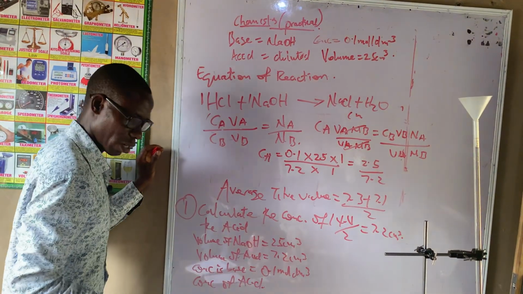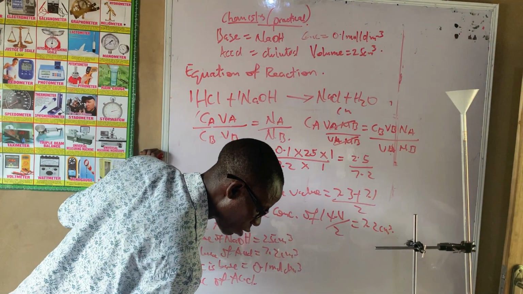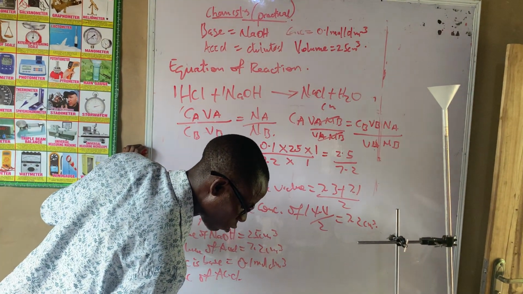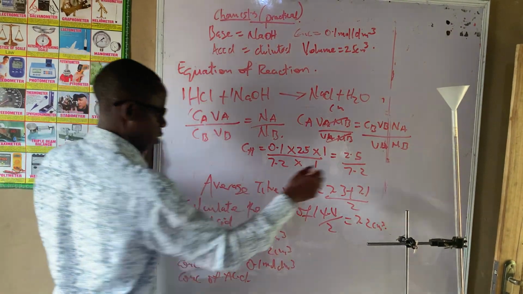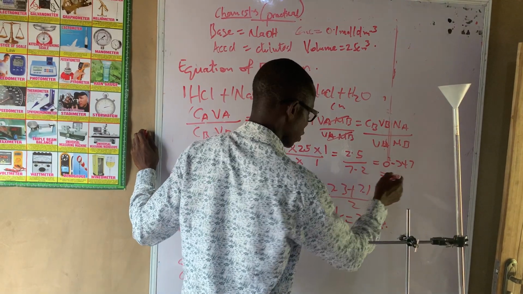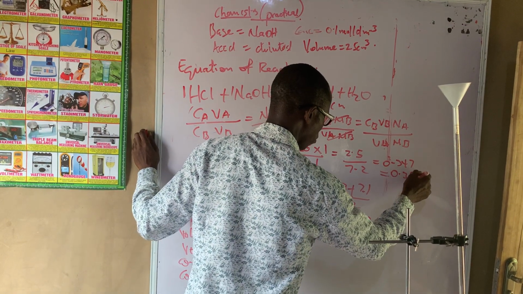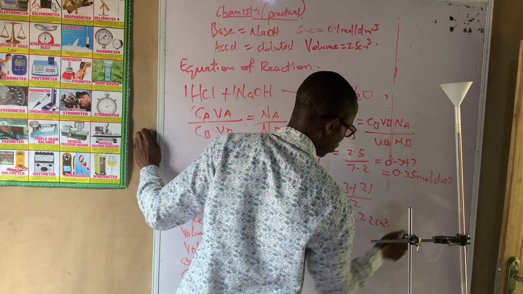Use calculator. Okay, let's have the calculator now. 2.5 divided by 7.2 is 0.347. So let's round to two decimal places now. It is 0.35 mole per dm cube. Can we see now?